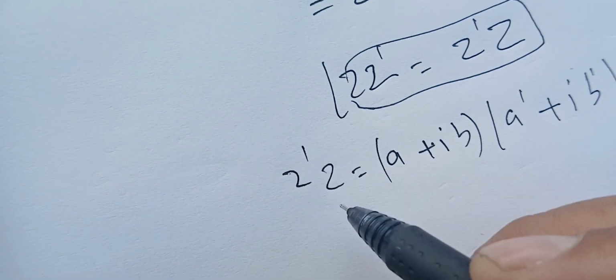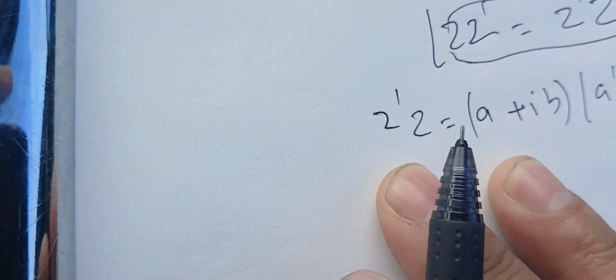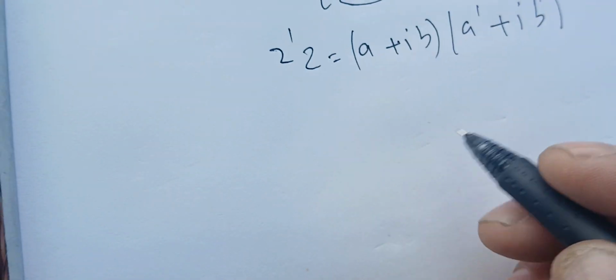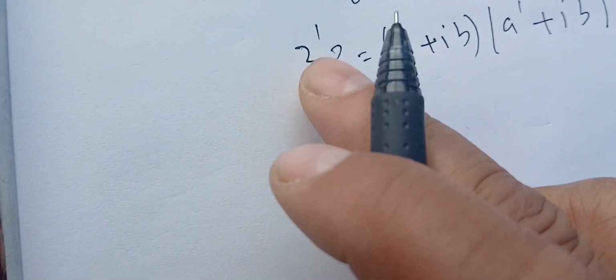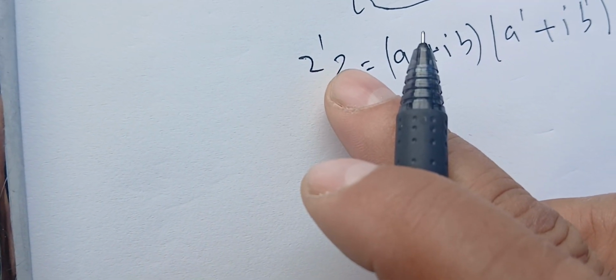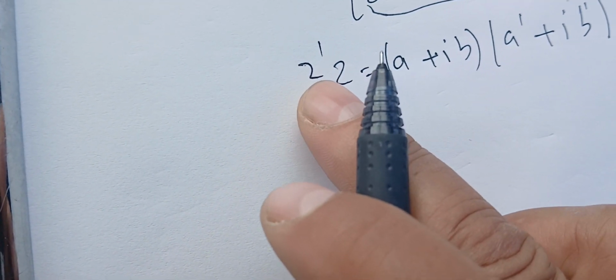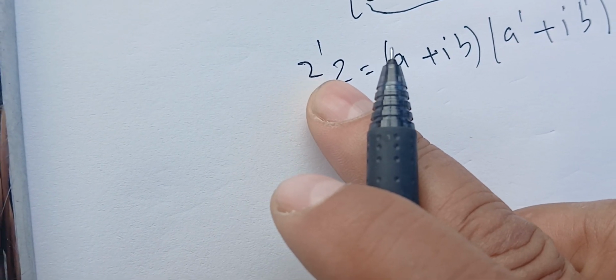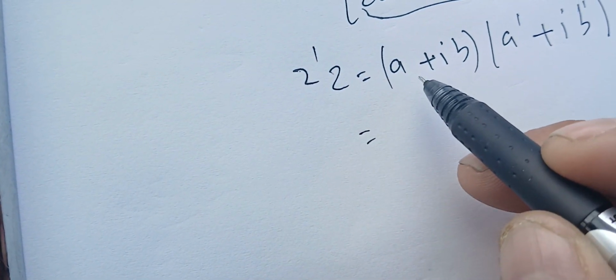Let's do z prime times z, and we have to prove that it's the same thing as z times z prime.